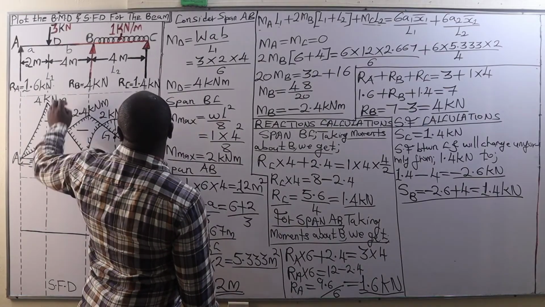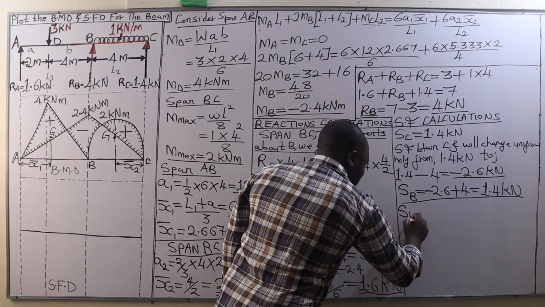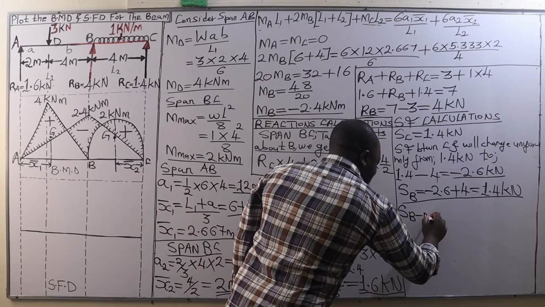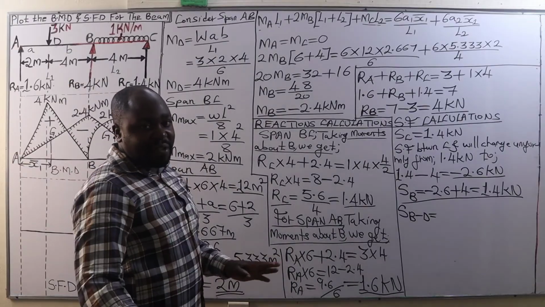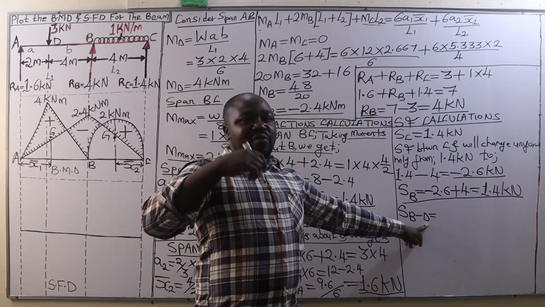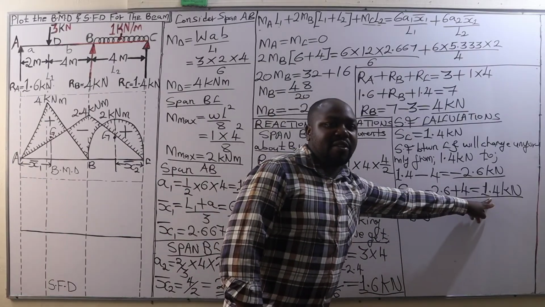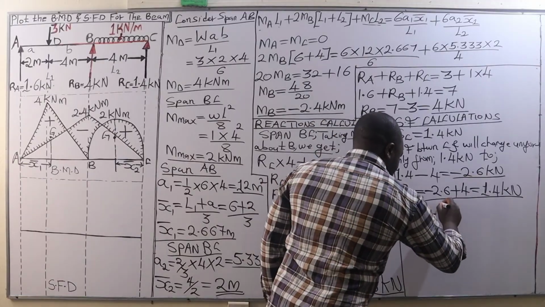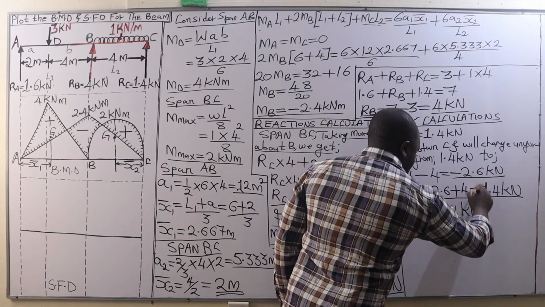Then from there we go to shear force between B and D. Since the span between B and D is not loaded with any load, the shear force between B and D will be the same as the shear force at B, which is 1.4 kilonewtons. So it is also equal to 1.4 kilonewtons.